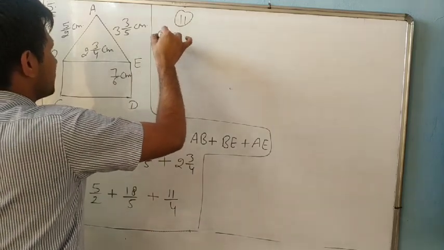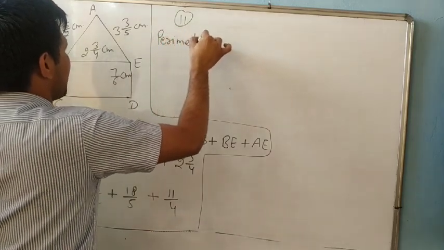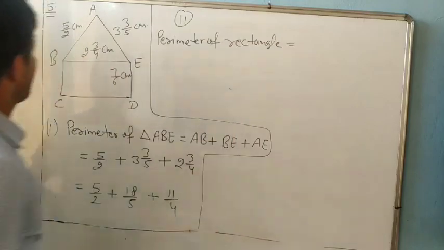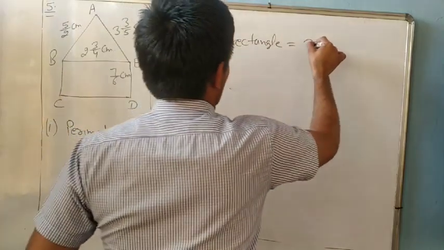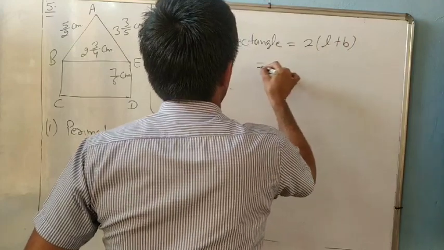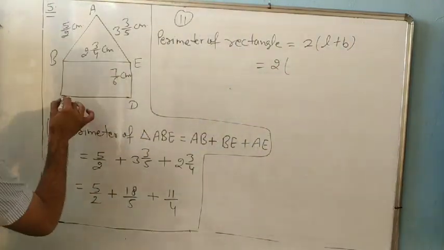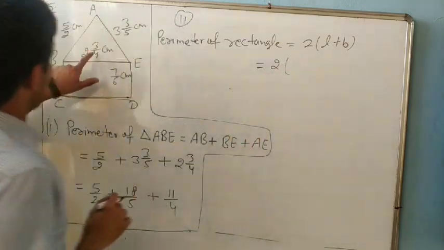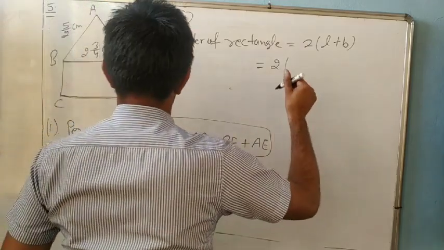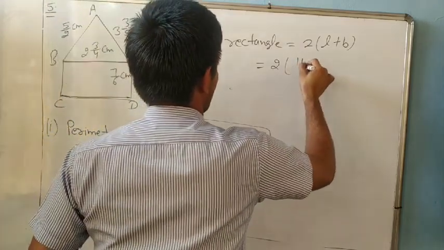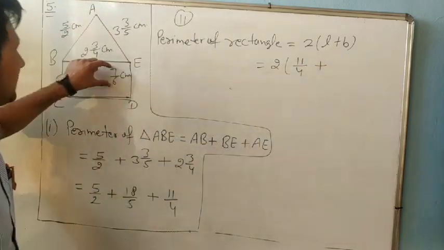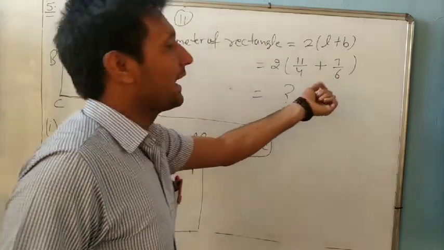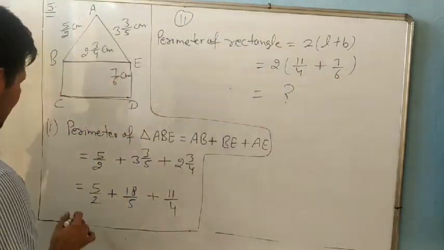So write the perimeter of the rectangle. The perimeter of a rectangle is 2 into L plus B. Length CD is 2 times 4 is 8, 8 plus 3 is 11 upon 4, plus breadth is 7 by 6. So find it. How will we add? By taking the LCM of the fractions.